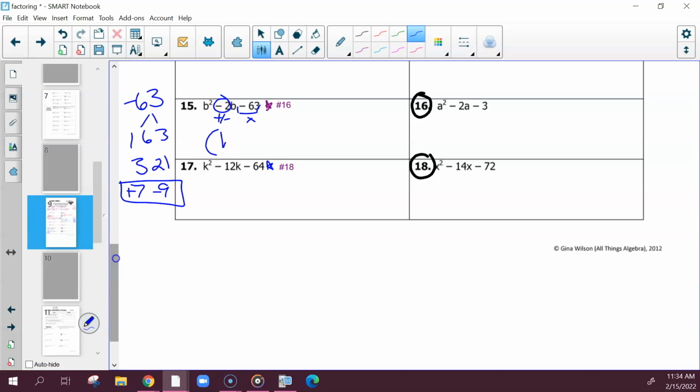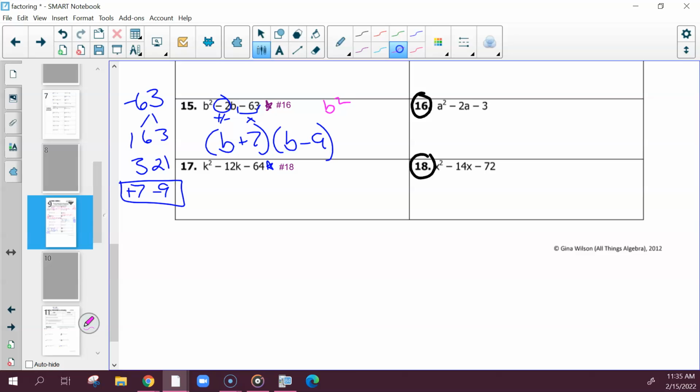Now next, b plus 7 and b minus 9. I'm going to distribute this to make sure it works. B times b would give us b squared.